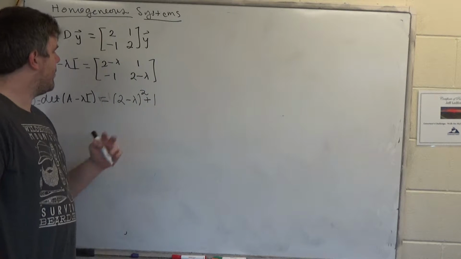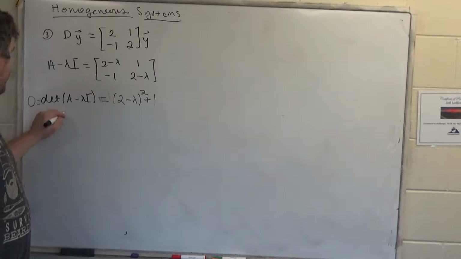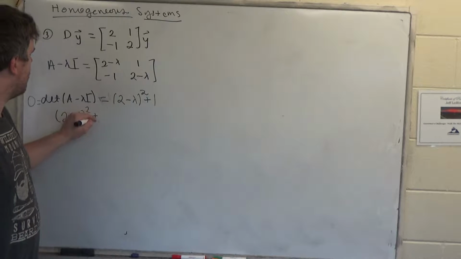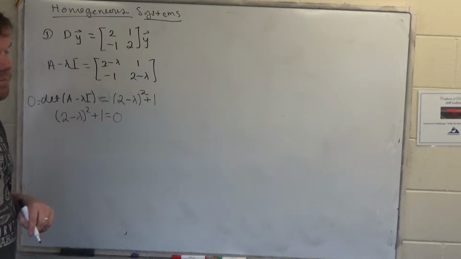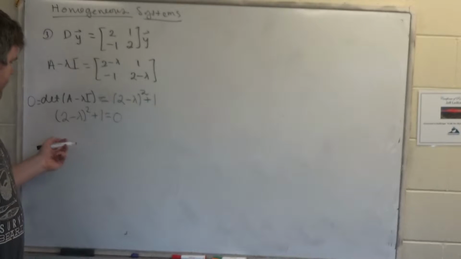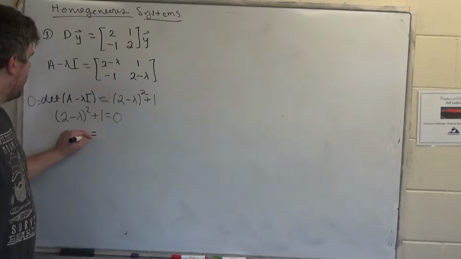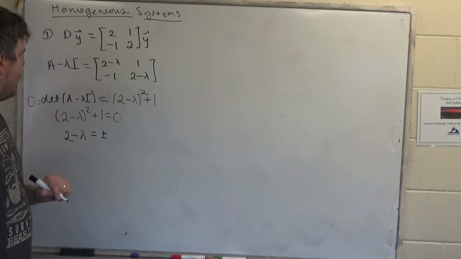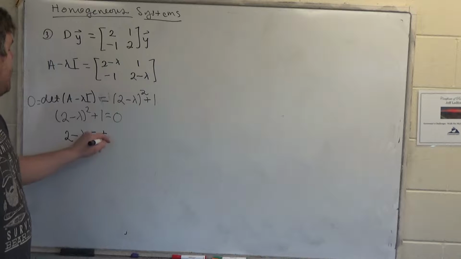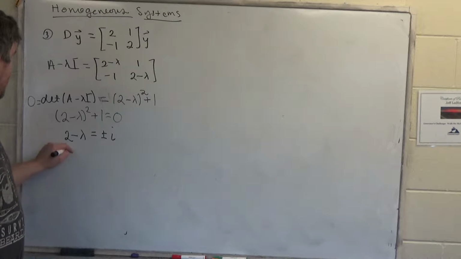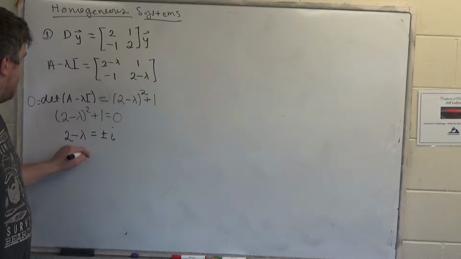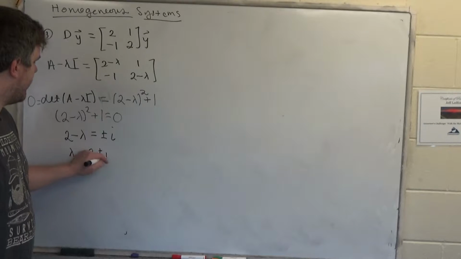And we can see that we have this nice form, (2 minus lambda) squared plus 1 equals 0. It's already a completed square. So to solve this, what we get is 2 minus lambda equals plus or minus, if I move the 1 over, I get negative 1. The square root of negative 1 is i. So rearranging this tells me that lambda is 2 plus or minus i.